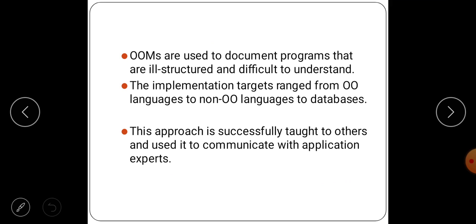Next, OOMs are used to document programs that are difficult to understand. The implementation targets range from OO language to non-OO language to databases. It means OO language, the next stage is non-OO language, and next is databases.